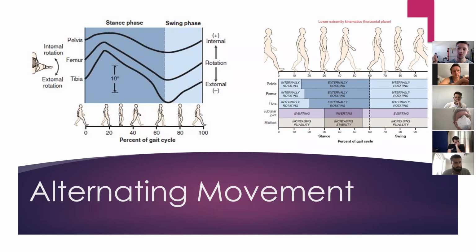We're always moving to one or the other. We're not just internally rotated. We are internally rotating or externally rotating relative to the place we're starting from. So if you look at 20% right here of the stance phase, peak internal rotation, right? So we will begin to externally rotate from a place of internal rotation.